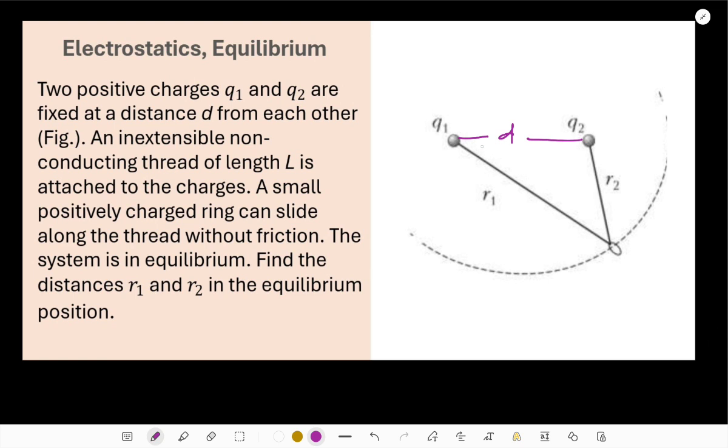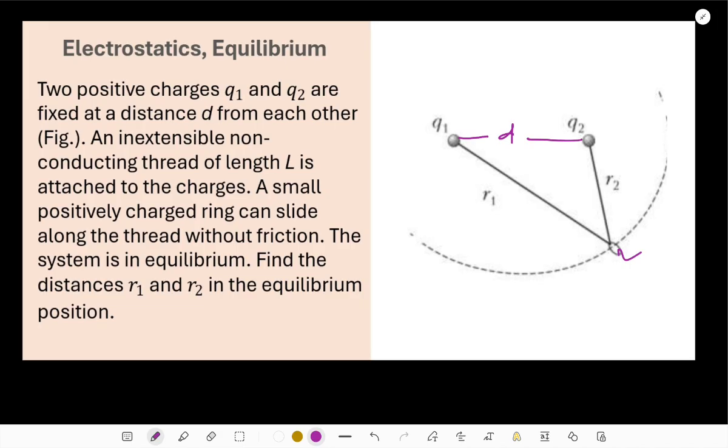That means this should be the thread whose whole length is L. A small positively charged ring is here that can slide along the thread without friction.